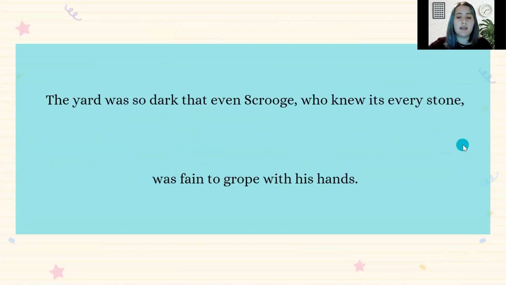This is the next sentence. So we look for the finite verbs and we ask for subjects. So who or what was so dark? The yard. And who or what knew? We have the subject here in the same clause. And who or what was fain to work with his hands?